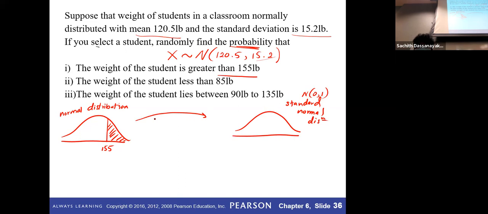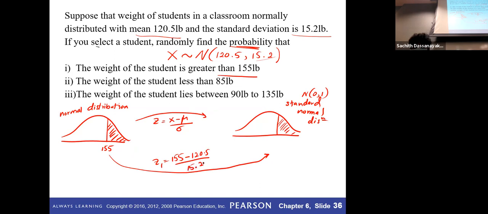Using this formula, x minus mu divided by sigma, right? So this value, let's consider somewhere here, is x. Now my x is 155 minus mu 120.5 divided by 15.2.